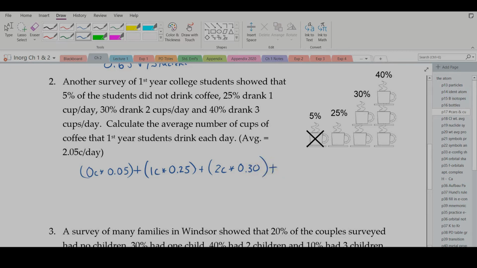And then we have the 3 cup group, 3 cups per day, and that's 40%. So we have 0 plus 0.25 cups plus 0.6 cups plus 1.2 cups for a weighted average calculation of 2.05 cups per day on average.